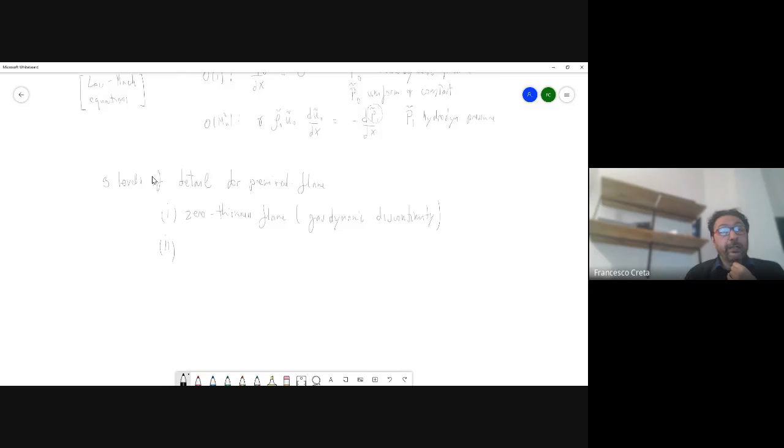We can call it a transport dominated level, where we actually unveil part of the structure of the flame. Not all of it, but part of the structure.